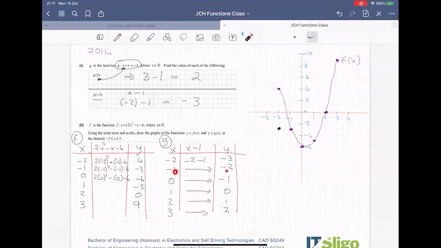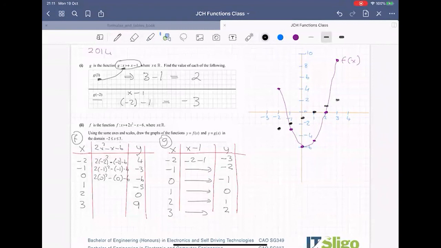You then have -1, -2. So this is a line, -1, -2. I then have 0, -1. So it can be a hard one to find. So there's 0 down to -1. So here. I then have 1, 0, 2, 1, and 3, 2.